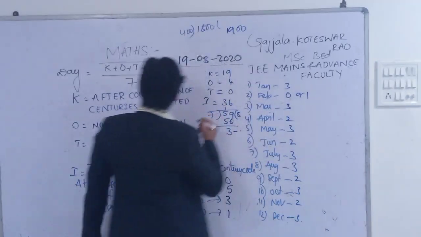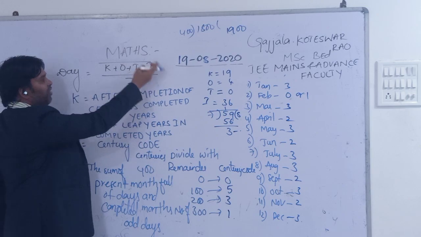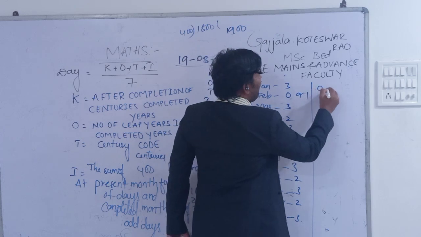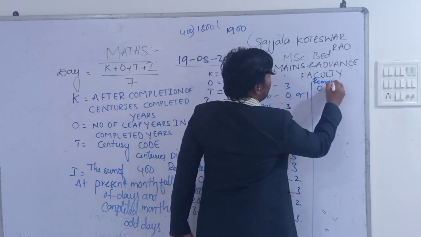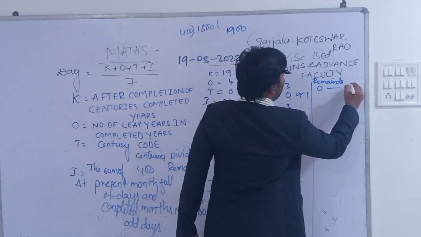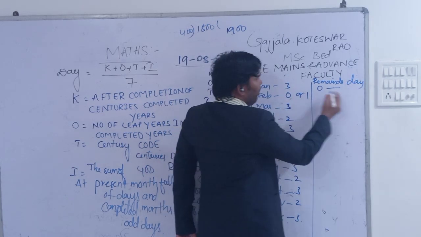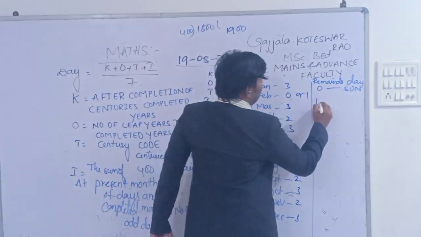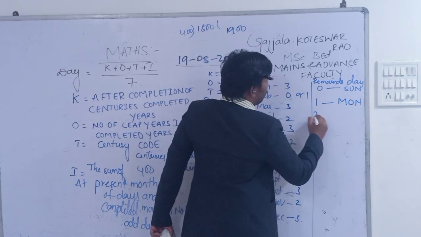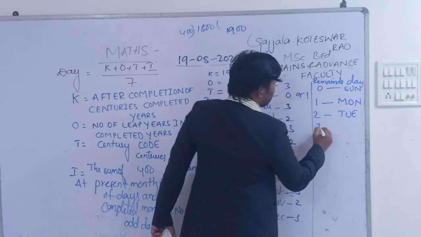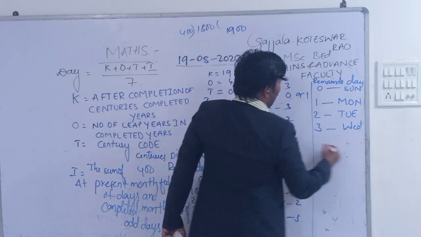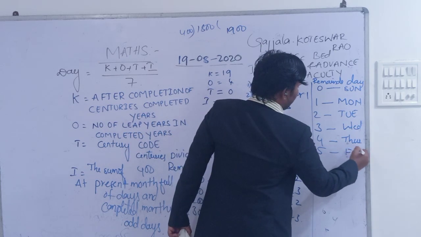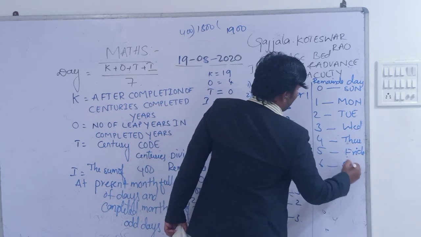Whenever this K plus O plus T plus I is divided by 7, the remainder we get gives the day. The 0 remainder is considered as Sunday. Remainder 1 is Monday, 2 is Tuesday, 3 is Wednesday, 4 is Thursday, 5 is Friday, and 6 is Saturday.